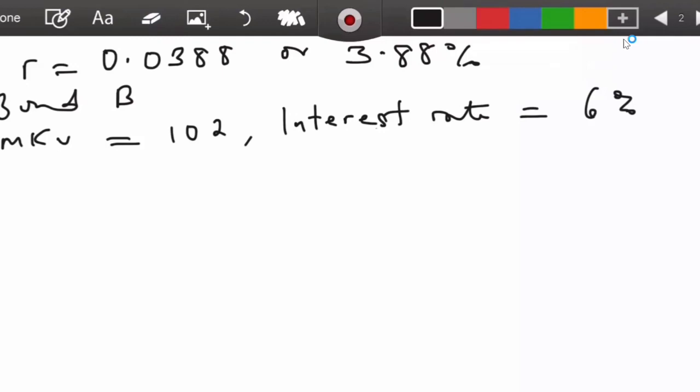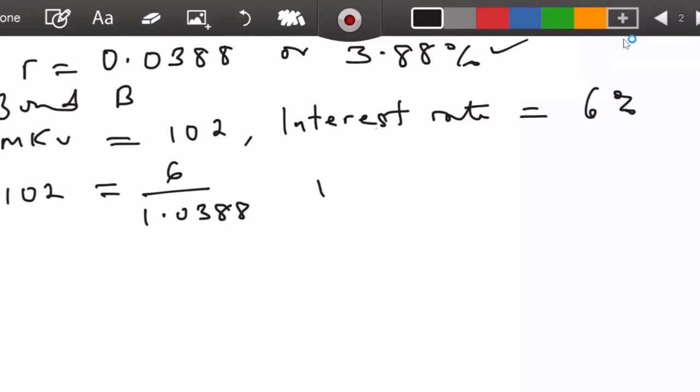So from our formula, 102, which is the market value, will be equal to, how do I calculate the market value? In year 1, the investor will receive interest of 6 naira. We've calculated the discount factor, or the lender's required rate of return, for year 1 to be 3.88%, so 1 plus R gives us 1.0388.